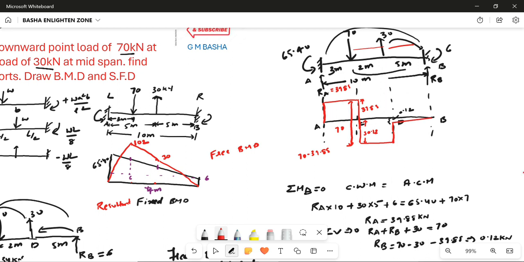So again from here your RB will be 0.12. Again from here an upward load is acting, that is 0.12. So it will close exactly here. If you draw along with the calculations, you will get exact values, wherever RB, wherever RC, it will close exactly at the zero point, that is 0.12. So like that you have to draw the shear force diagrams along with the calculations.